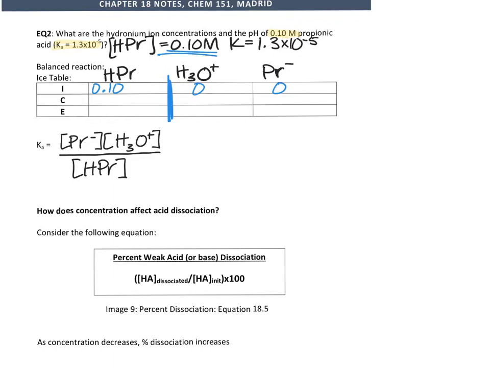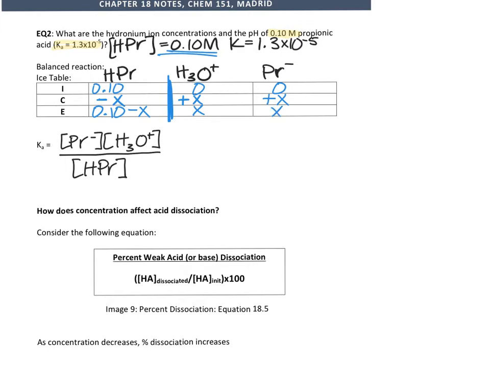For the change, that makes the change for propionic acid minus X. And then it makes the change for both of the products plus X. Then in E, I have 0.10 minus X. And for E of hydronium and propionate, it is X.